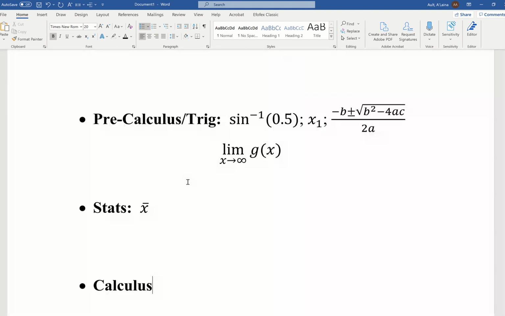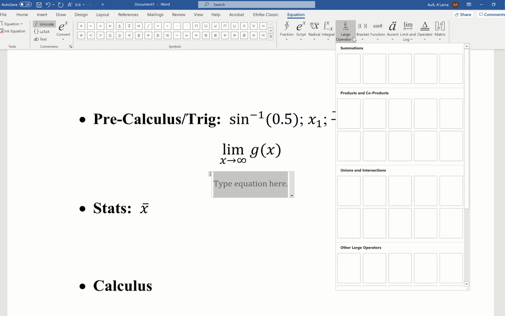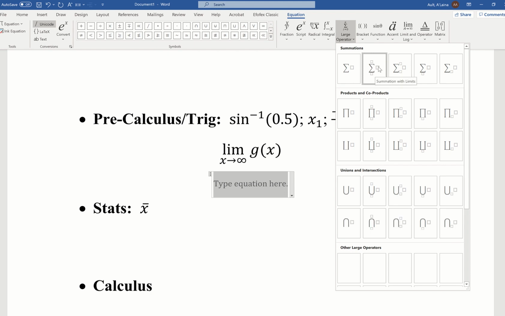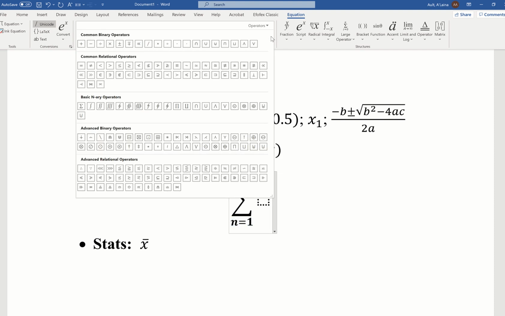Something else for pre-calc and also for calculus is that you have the large operators, like your summation notation, which is really great. The one thing I don't like is that even if you put the limits here, it doesn't show. Oh, I guess it does. Oh, good. So as n goes from 1 to infinity, and so on, you could put all of that in there.